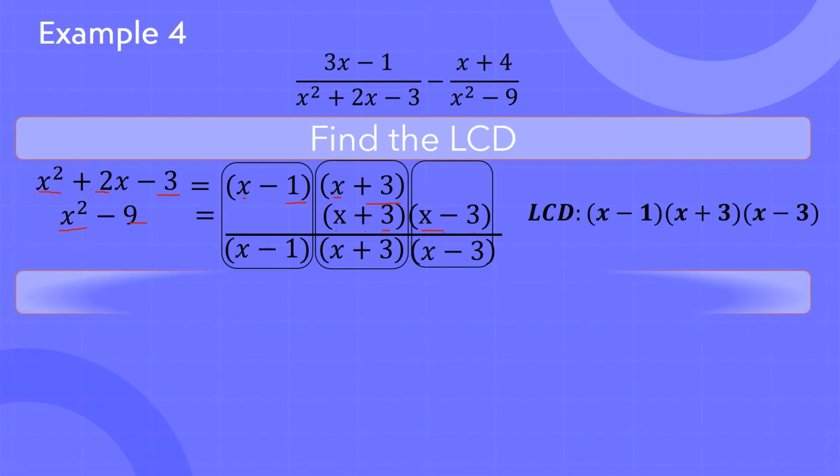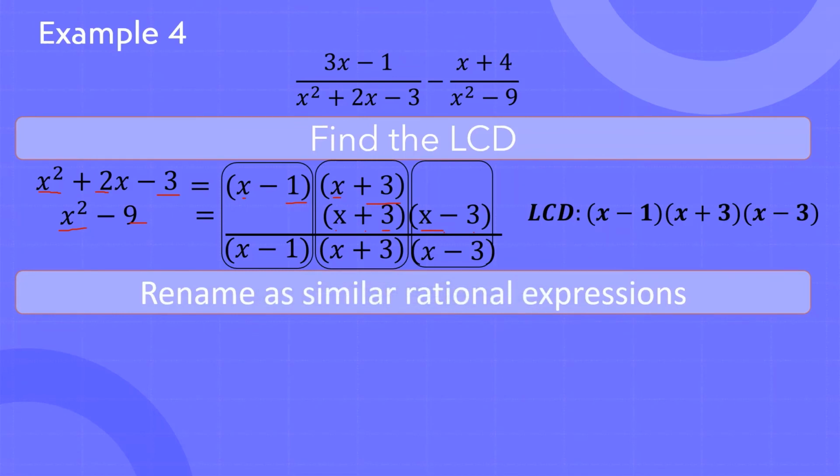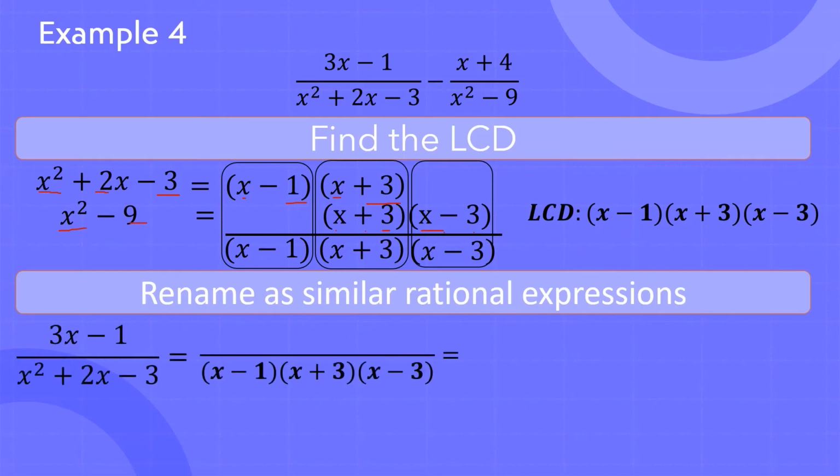Okay, then next is, we are going to rename as similar expressions. So, kunin natin yung unang expression natin. So, meron tayong unang expression, gagawin natin na ang denominator niya ay x minus 1 times x plus 3 times x minus 3, which is the LCD.